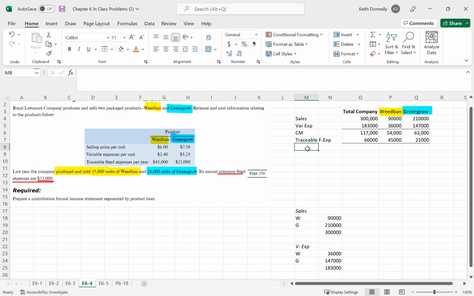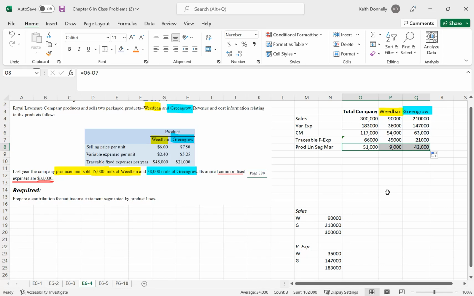Then if we take our contribution margin minus our traceable fixed expenses, we're going to have our product line segment margin. Carry that across.